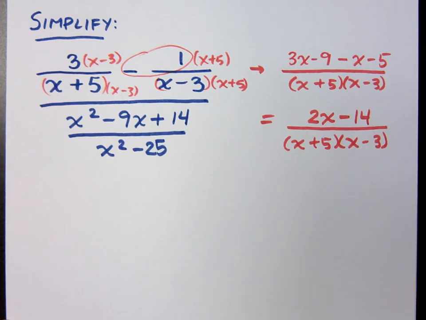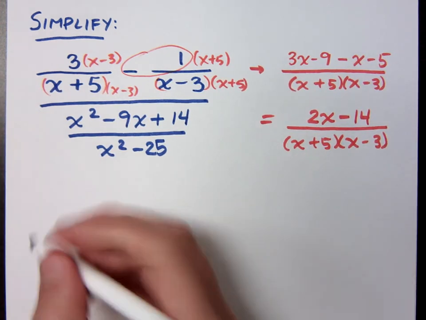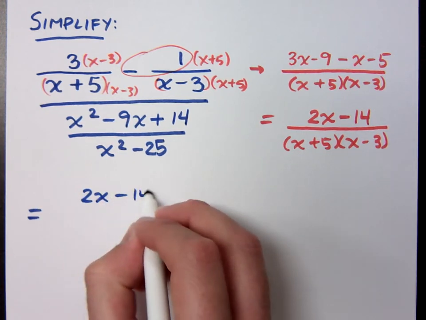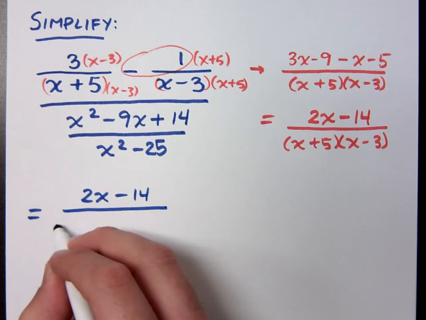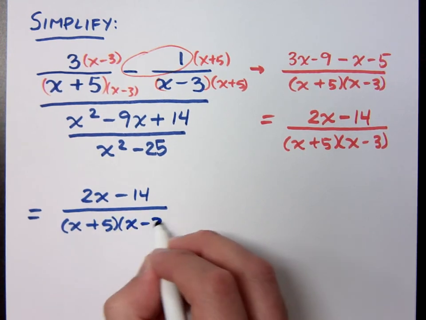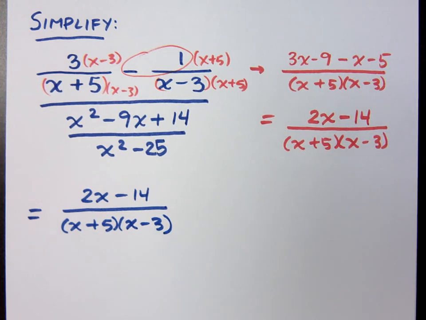All right. So when I put all of this stuff together, that means I have 2x minus 14 over x plus 5, x minus 3, right? Isn't that what my numerator became?